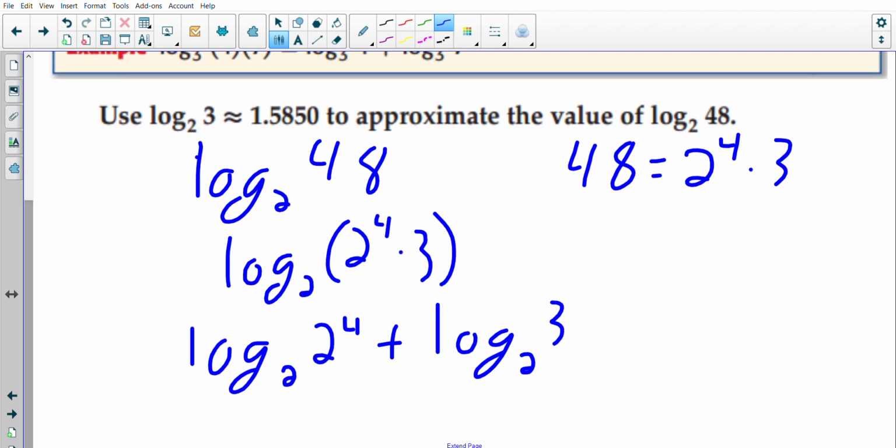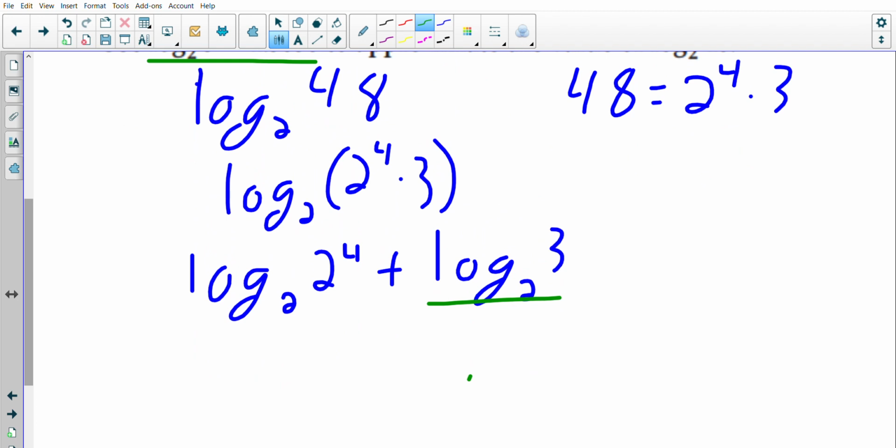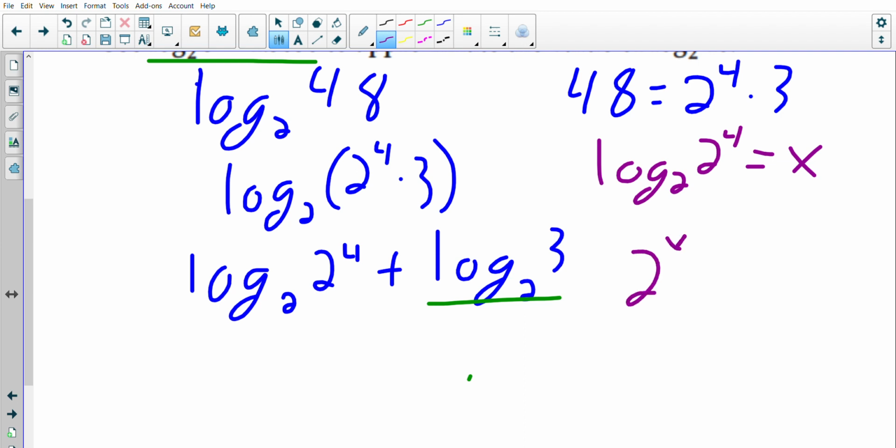All right, so now we know what log base 2 of 3 is. It's right there, so that's an easy substitution. The next problem is log base 2 of 2 to the 4th. If we set that equal to, say, x, and we rewrite this using our old properties, we can say 2 to the x is equal to 2 to the 4th, and then we end up getting x equals 4.